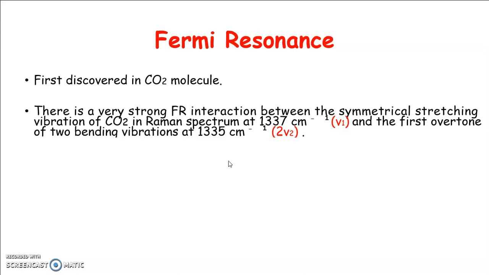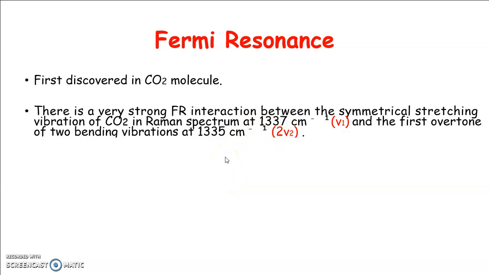The overtone of this, 2 into 667.3, gives 1334.6 cm inverse. That is nearly 1335 cm inverse, which is very close to the Raman active vibration.